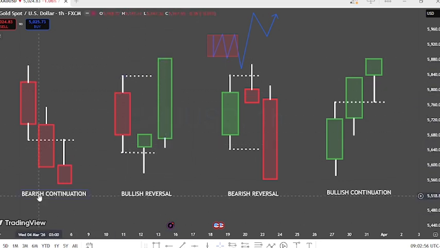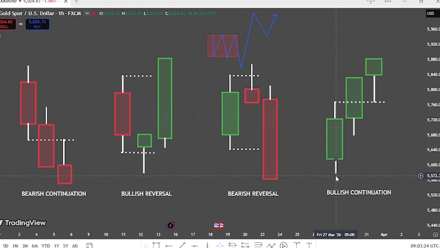Okay, now these are the four scenarios with which you can trade CRT. I will show you an example in a real chart, but for now I want you to get the concept clear. Let me go over to a continuation example.